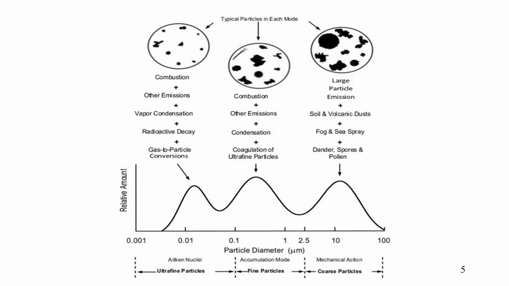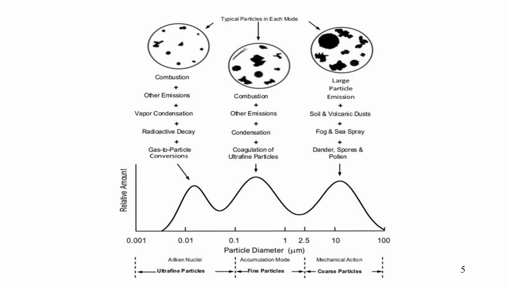These 3 modes are really fiction to some extent, because every source will generate a mode. A particular type of plant, a particular pollen, pine pollen, for example, will generate a mode. So there are really thousands of submodes in these modes. But scientists and also regulators generally think in terms of these three modes.